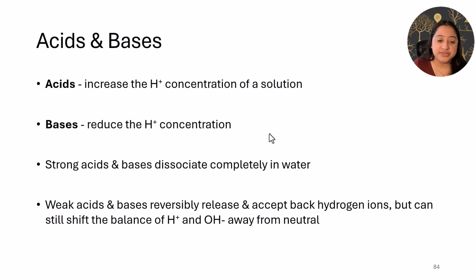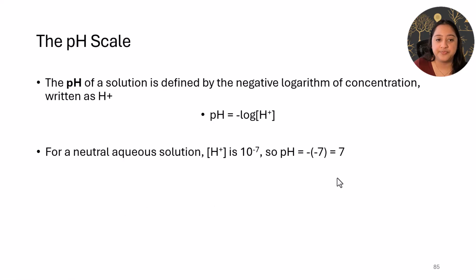They still shift the balance of those two ions away from neutral, but reversibly, versus strong acids and bases, which drastically alter them. The pH scale is a measure of those hydrogen ions.